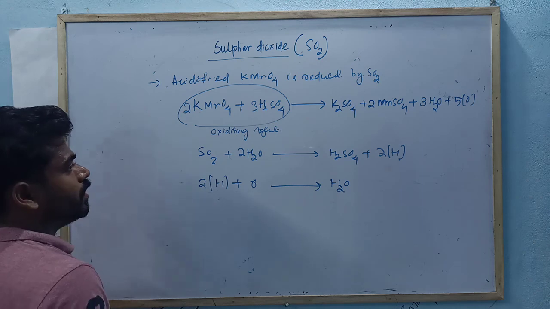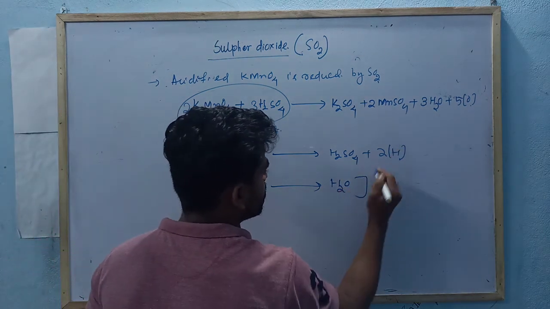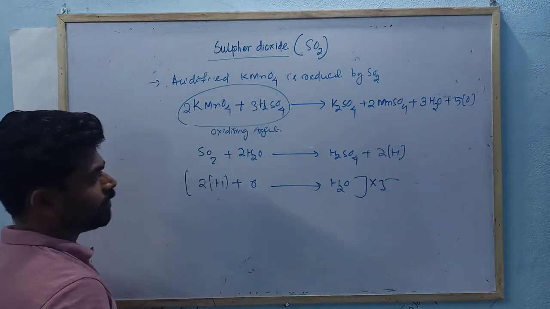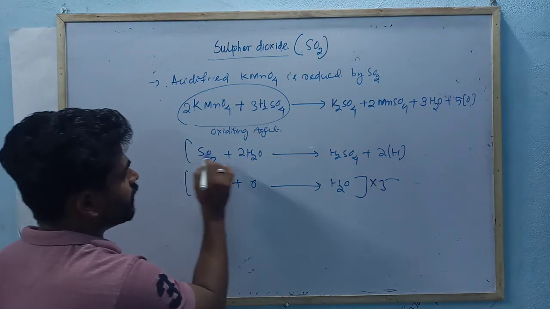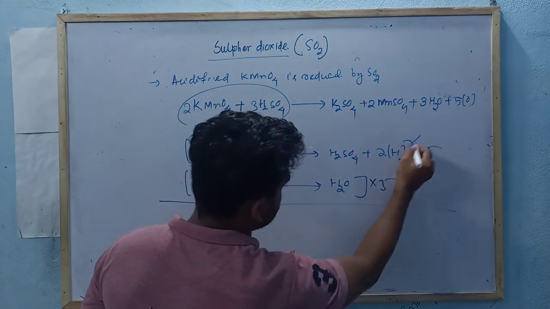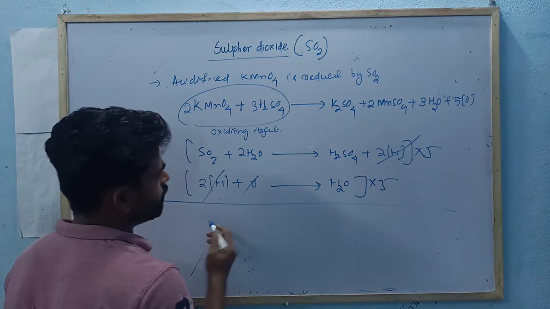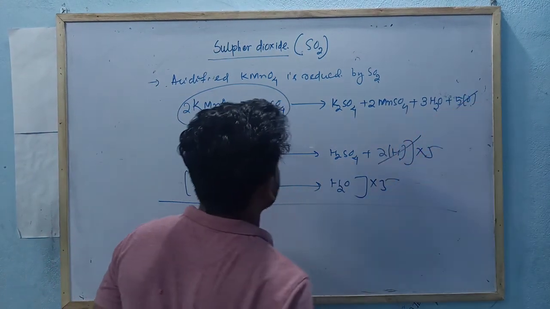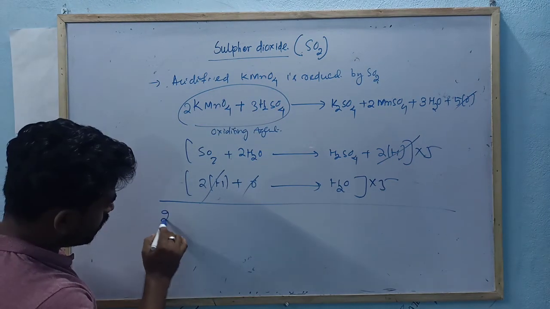So in this reaction we have to cancel all these things. 5 nascent oxygen can be cancelled by multiplying 5 over here, and here there will be 10 nascent hydrogen. So again you have to multiply over here 5. Okay, so the net equation: 10 nascent hydrogen get cancelled, 5 nascent oxygen get cancelled. Then you just write down the final equation.